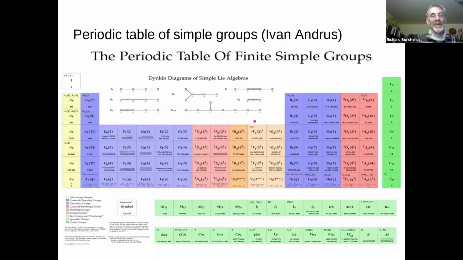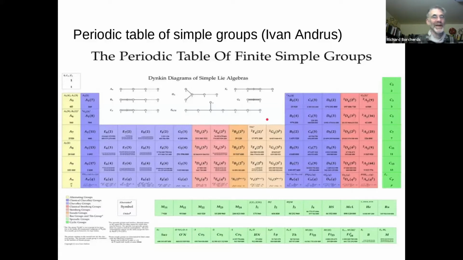In fact, here's a picture of the simple groups. There's this guy called Ivan Andrus who, as a sort of joke, arranged all the known finite simple groups into a table resembling the periodic table. It turns out that the simple groups can be classified into some infinite families and some left over, and the number of infinite families just happens to be the number of columns of the usual periodic table.